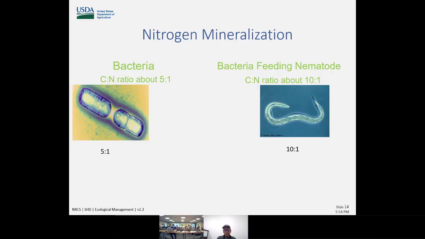So once the biology is working, the plants can also get some nutrients from the soil for their growth. In this case, you can see bacteria with a carbon to nitrogen ratio of 5:1, whereas on the right side, the bacteria-feeding nematode has a carbon nitrogen ratio of 10:1.